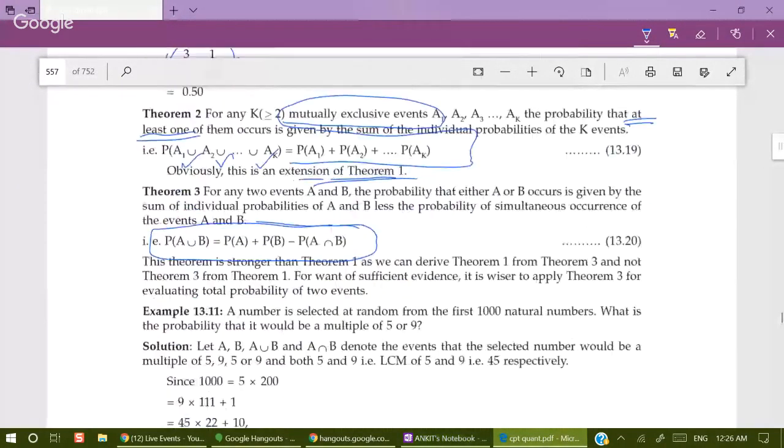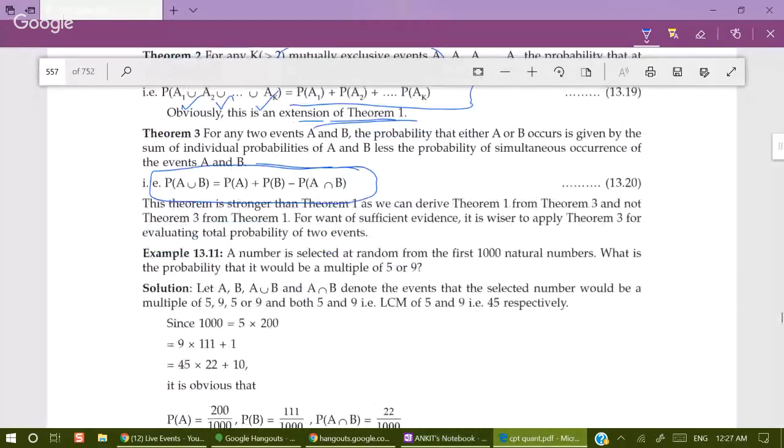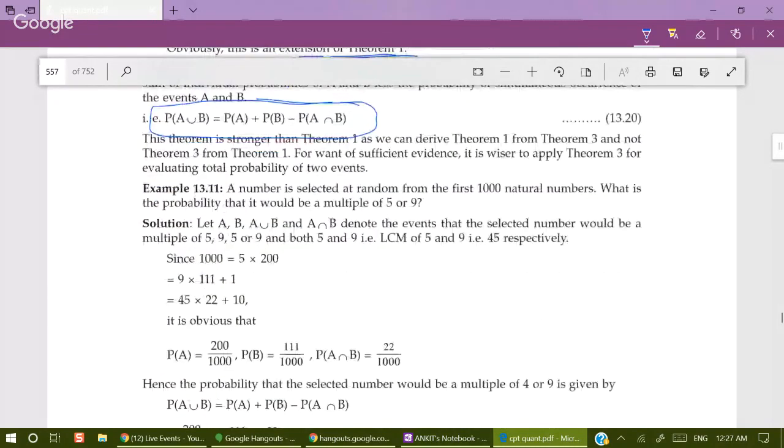Now 13.11, a number is selected at random from the first 1,000 natural numbers. What is the probability that it would be a multiple of 5 or 9? Only 5, only 9, and 5 or 9, and both. 1,000 is equal to 5 into 200, so 200 numbers are divisible by 5. 9 into 111 and 1 remainder, so 111 numbers are divisible by 9, so 111 by 1,000.